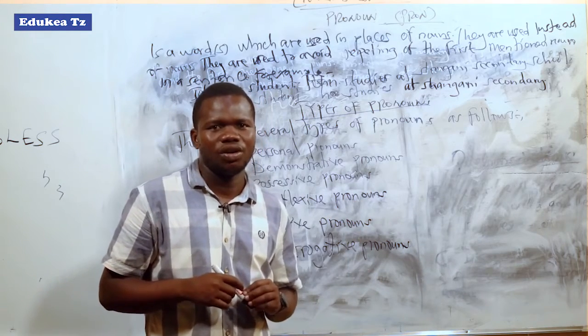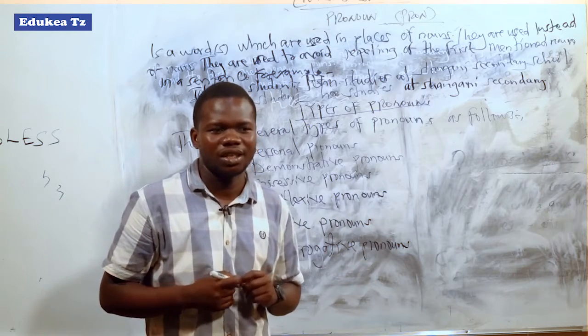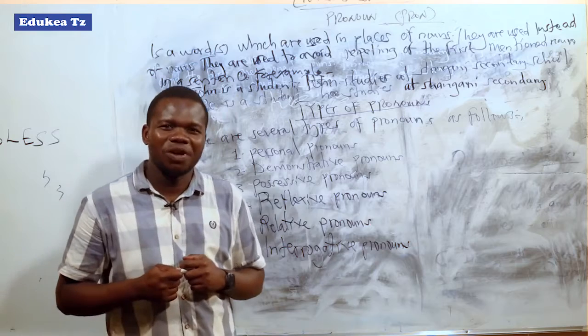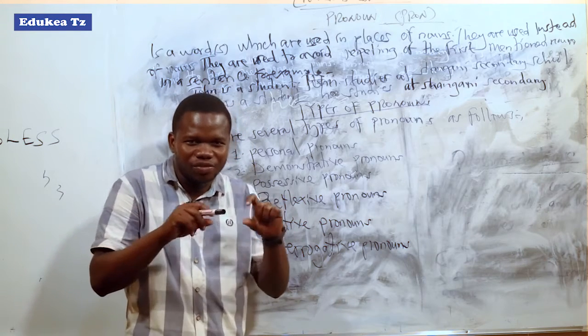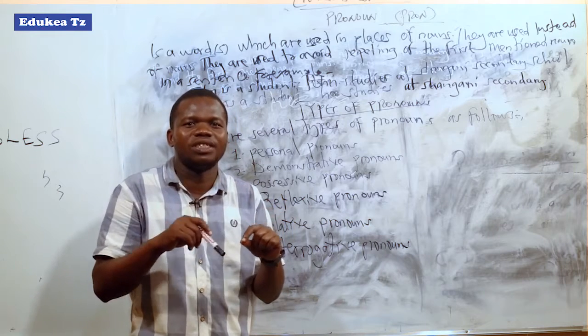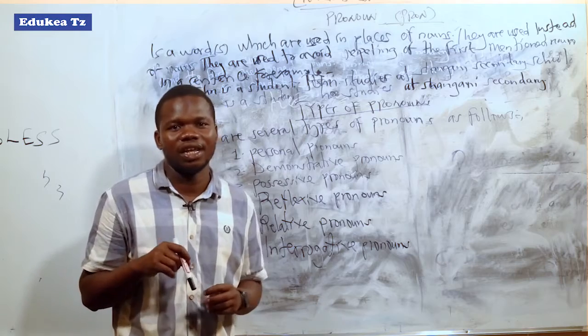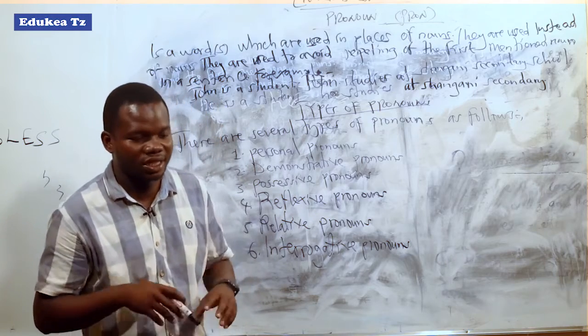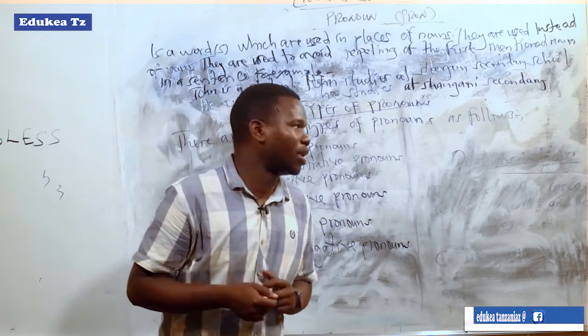For example, some person has made a mistake. Then you say, Juma has stolen a phone. Instead of mentioning the name Juma, you may use a pronoun, that is he. So you say, he has stolen a phone. That is some of the uses of pronouns.